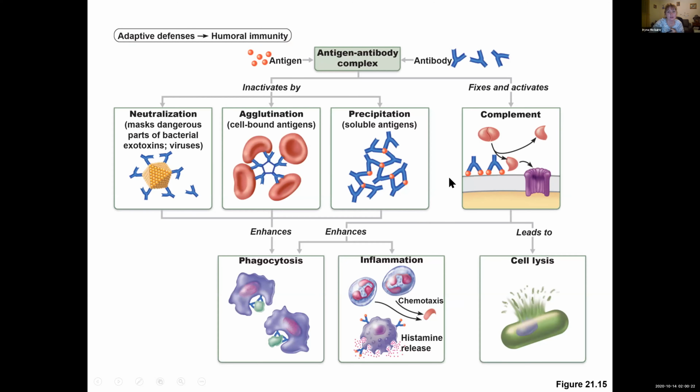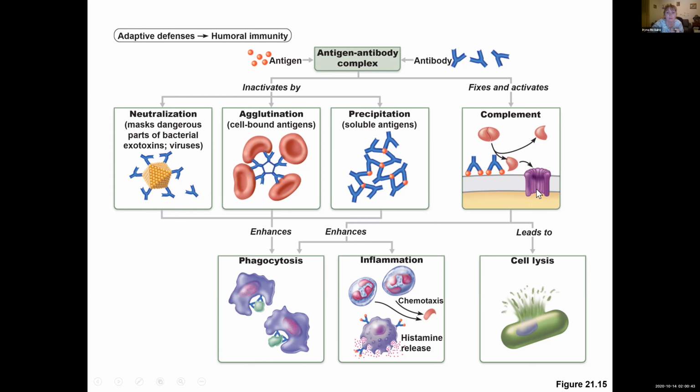And here's the whole diagram, right? We discussed neutralization, agglutination, which are most common, precipitation, and here is complement activation or complement fixation. So here we have a bacterial cell, right? And antibodies bind to it, and they activate complement.